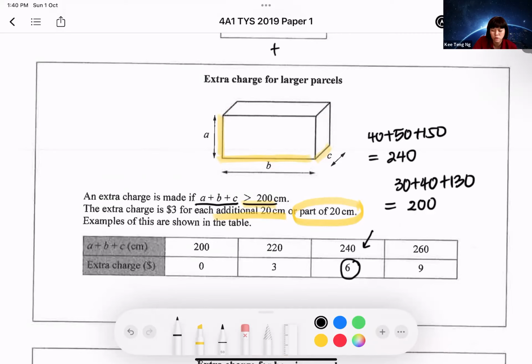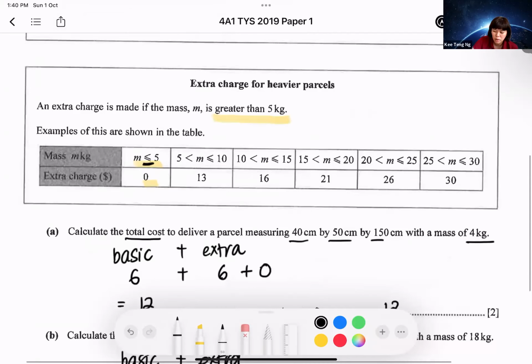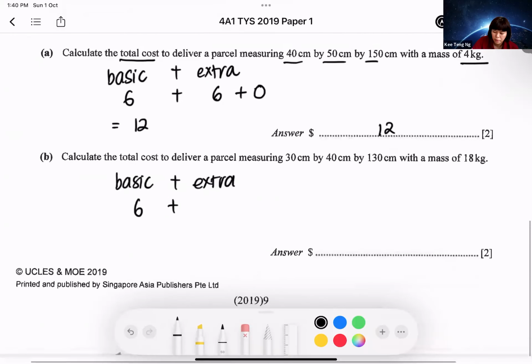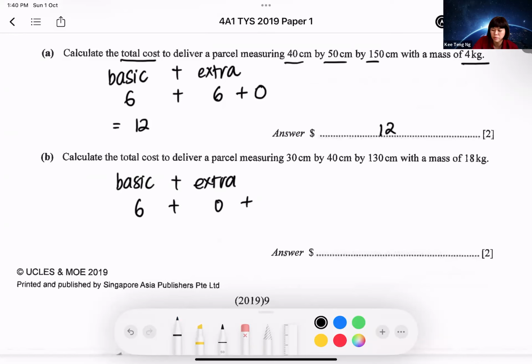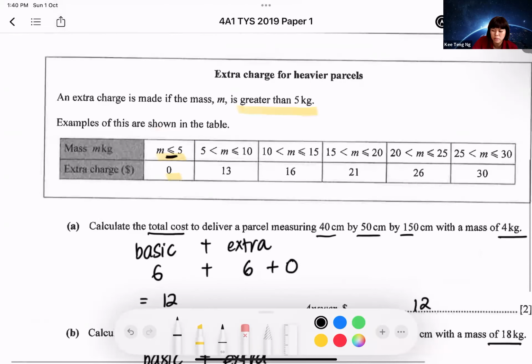Not greater than 200 cm, so no extra charge, 0. Then let's see, is it heavier? Mass is 18 kg, greater than 5 already. Which interval contains 18? 18 is inside here, between 15 to 20. So the extra charge will be $21.